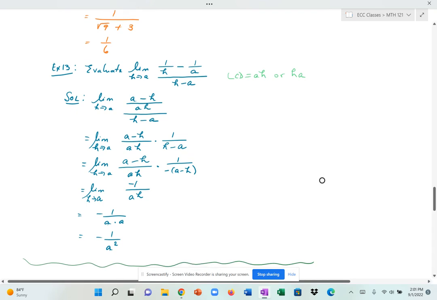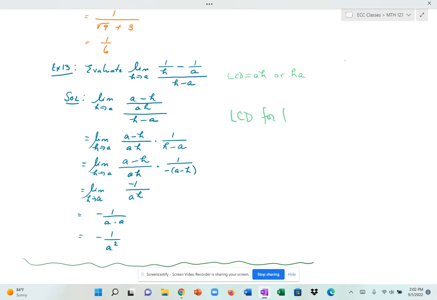Okay, if you don't remember how to get common denominators, you can look up LCD for rational expressions. That would be something you could look up on YouTube or Khan Academy, and they would explain that. Or you can look up simplifying complex fractions, which is exactly what we had here.